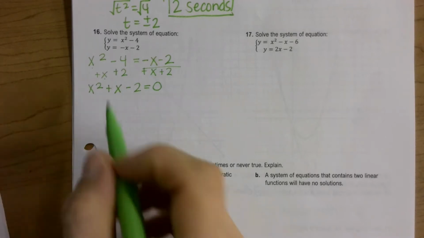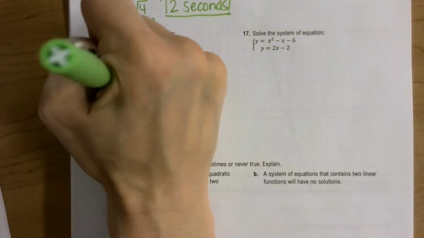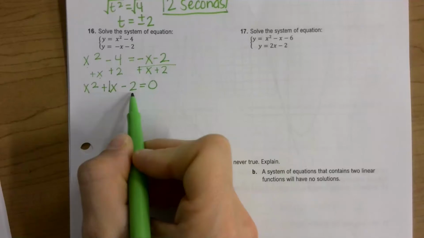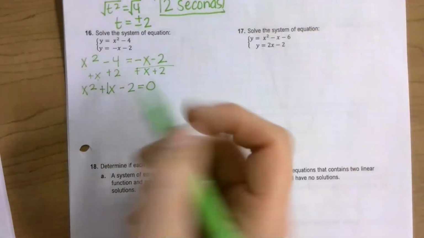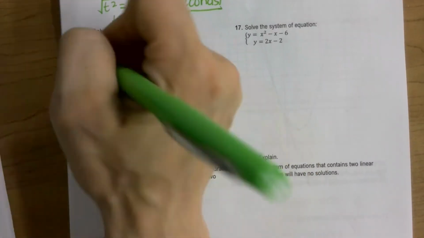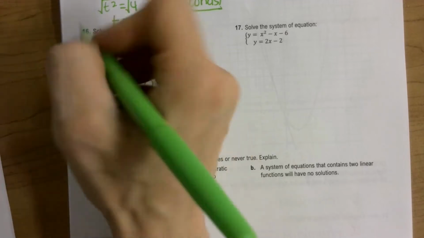So I'm going to try factoring because this b value is 1x, and then my c value is negative 2. And I know if I multiply 2 times negative 1, that equals negative 2, and 2 plus negative 1 equals 1, so I'm going to use those.